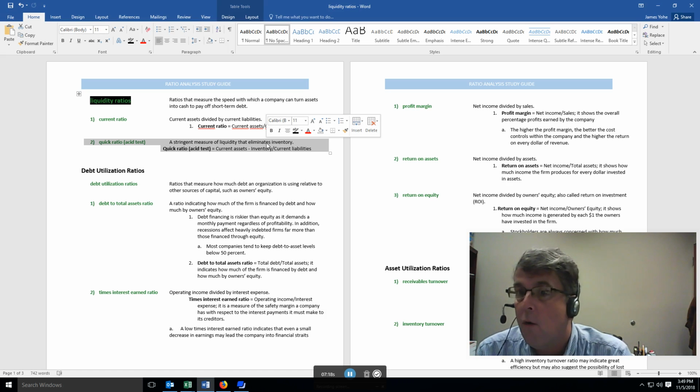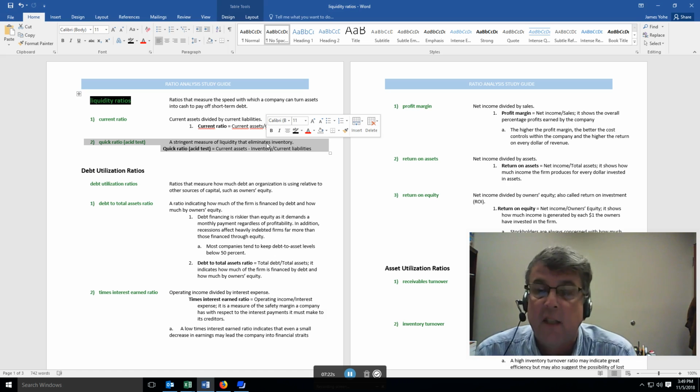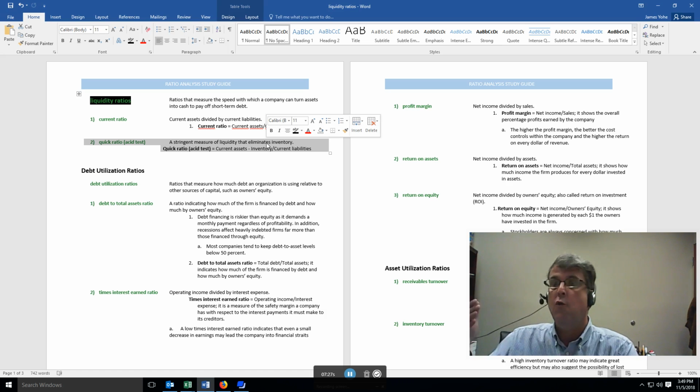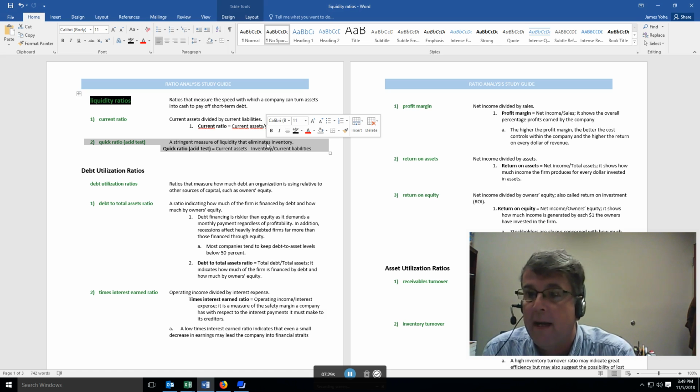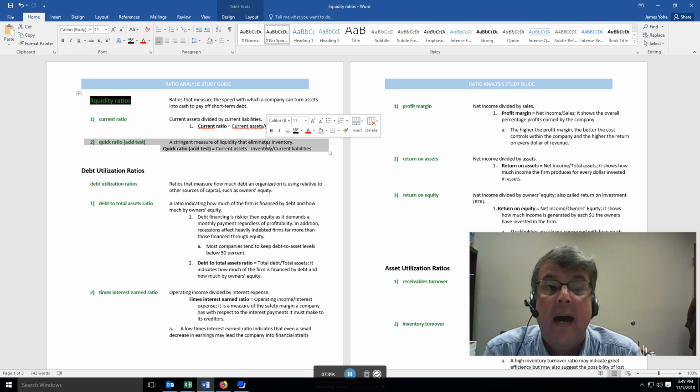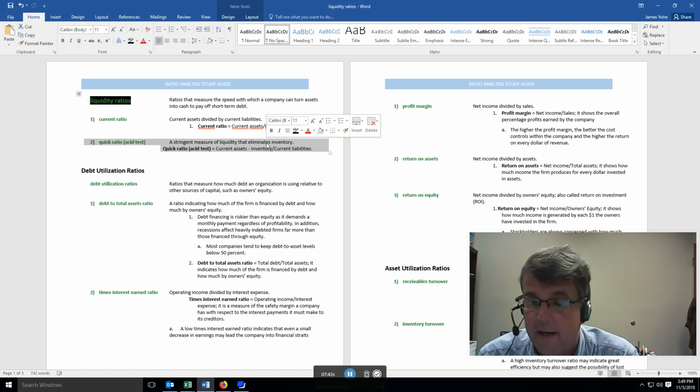So I don't know if this inventory they have is easily convertible into cash. I don't know if it's in fashion, right? Maybe new kayaking clothes are coming out, you know, better material, better design, something. I don't know how marketable this inventory is, so I throw that out. I take your current assets minus your inventory.